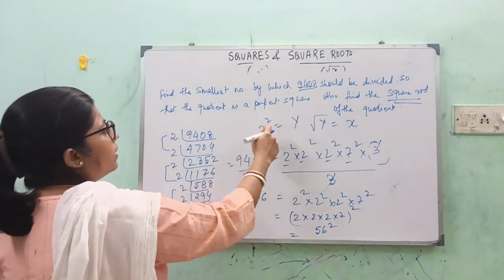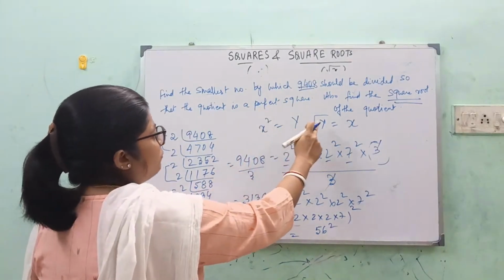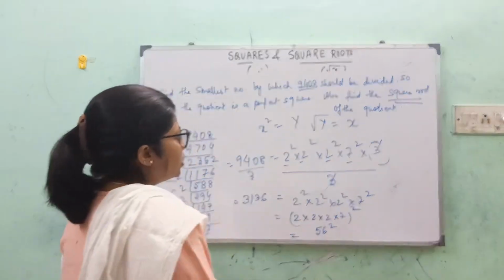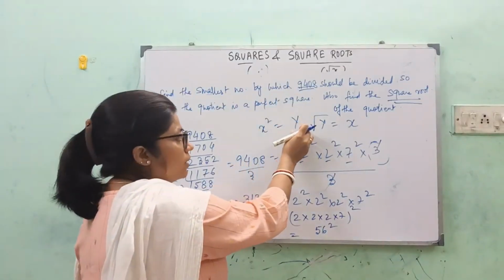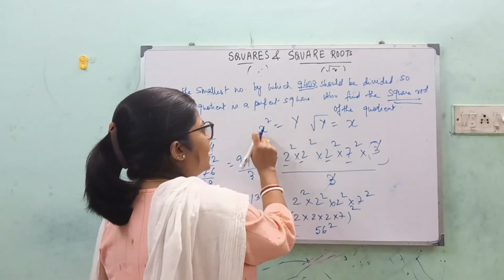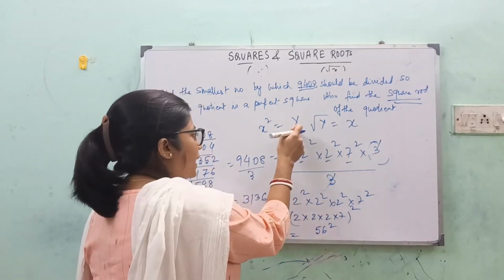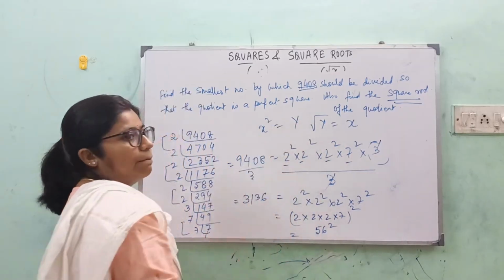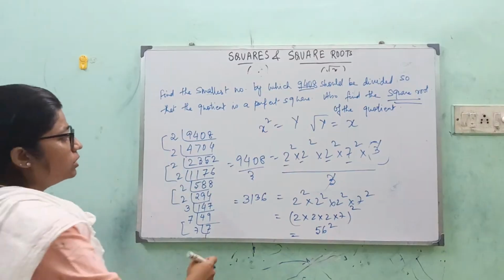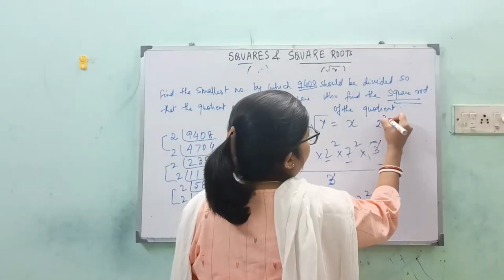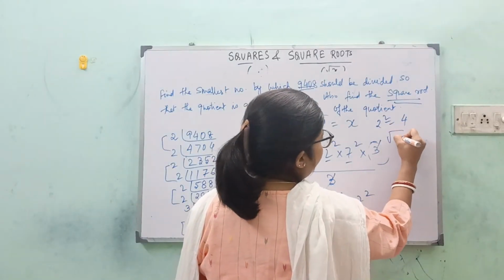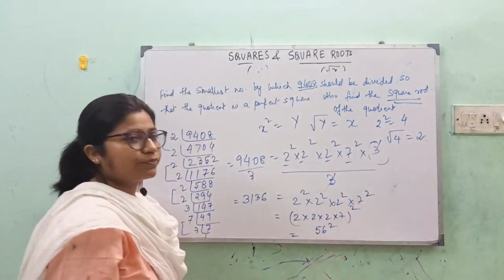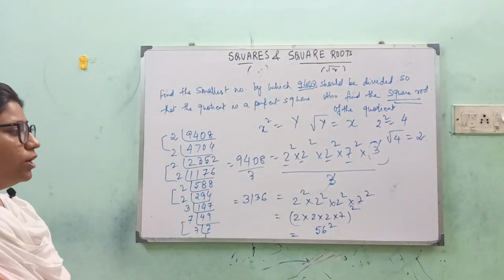So if you square a number x, you get y, and if you take the square root of y, you get x. So square root of a number is finding the number which was squared to obtain it. For example, 2 squared is 4 and square root of 4 is equal to 2.